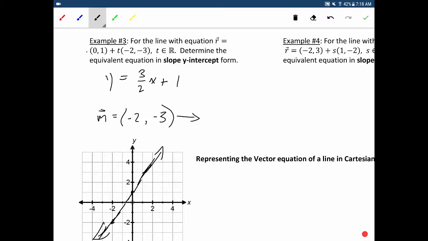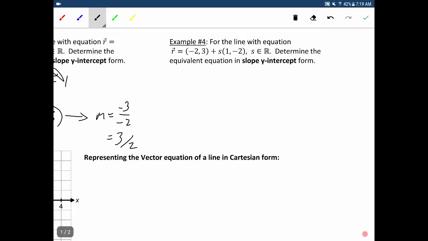And that led us to the slope being negative 3 over negative 2, which is just equal to 3 over 2, of course. Now, it won't always be this easy, because we were able to put this right in as your y-intercept. You won't necessarily be given the y-intercept as your point. In the second one here, our point is not the y-intercept.